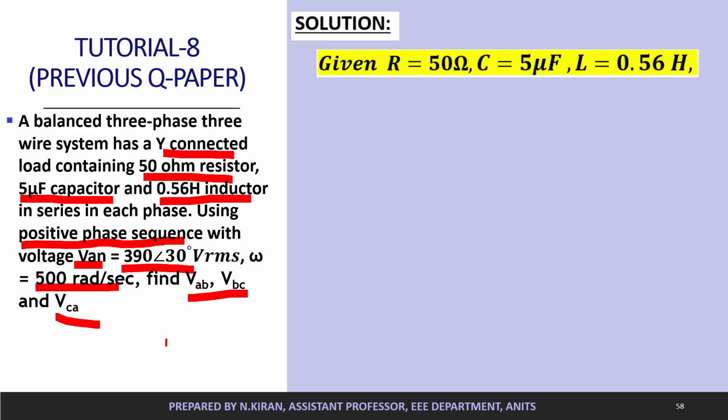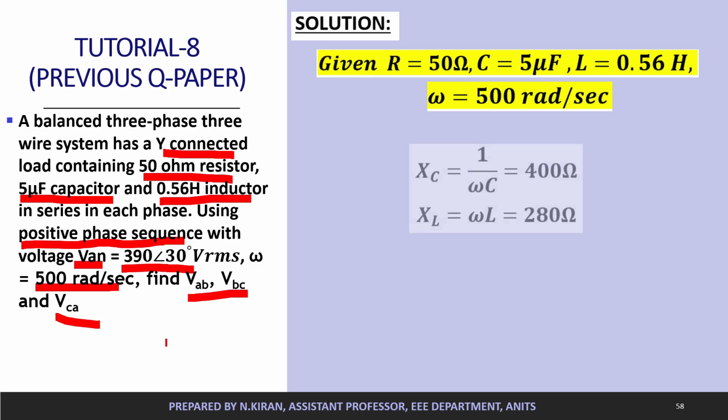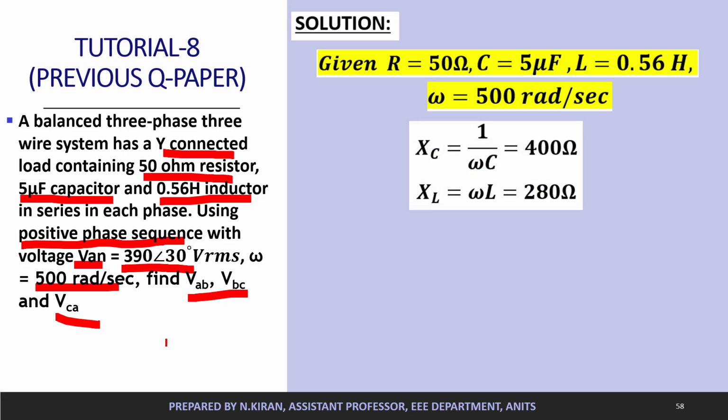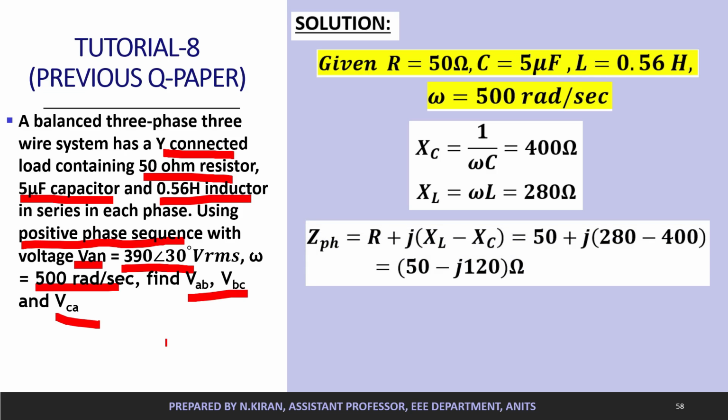Since all are in series and omega is given as 500 radians per second, we know the capacitive reactance XC can be written as 1 by omega C and inductive reactance XL can be written as omega into L. From that, the total impedance in each phase will be R plus j(XL minus XC).